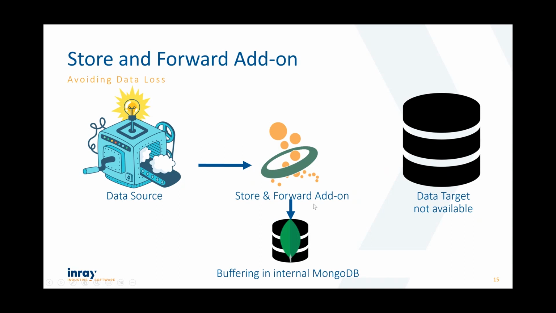Once the connection to the data target is up and running again, OPC Router will continue to transfer the current data, but also the buffered data, to make sure that no data points are lost in the process.